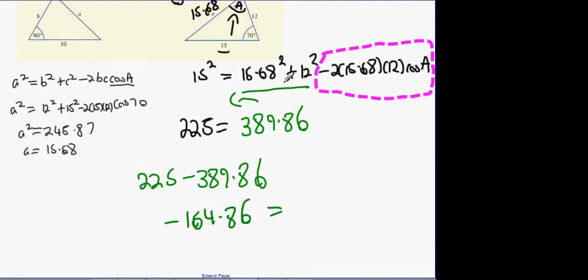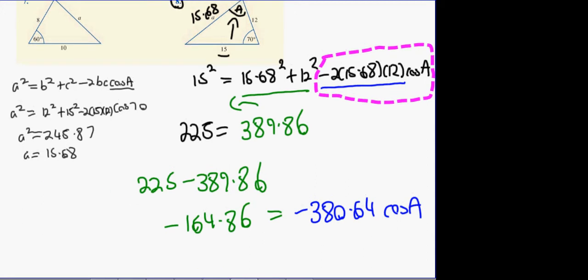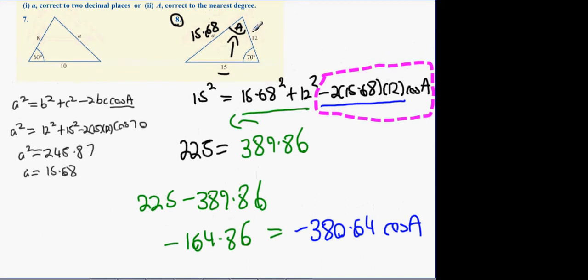164.86. This all equals... Now, see what I'm underlining in blue? Can you do this, please, in blue? Minus 2 times 15.68 times 12. Now guys, cos A has to be an acute angle.